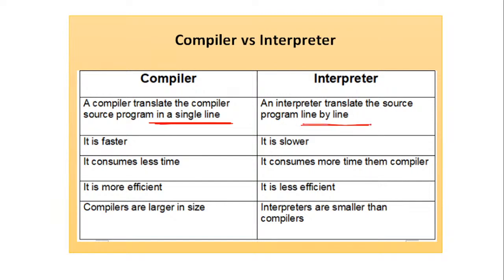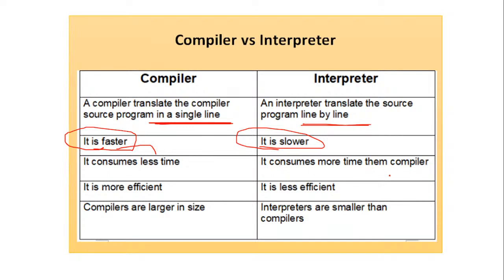The compiler is much faster, whereas the interpreter is slow compared to the compiler. The compiler is faster, so it requires less time, and the interpreter is slow, so it consumes more time than the compiler.